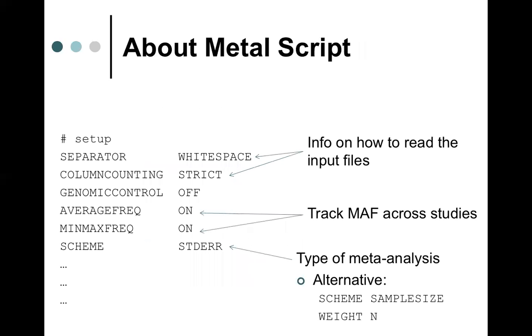So once you've done the work to put together your set of files, then you can put together the script for METAL. The general layout is you start with this header block that defines some general overarching information, in terms of whether you're going to have white space or tab delimited files or CSVs or whatever is your input, and how strictly to treat the columns of those files.